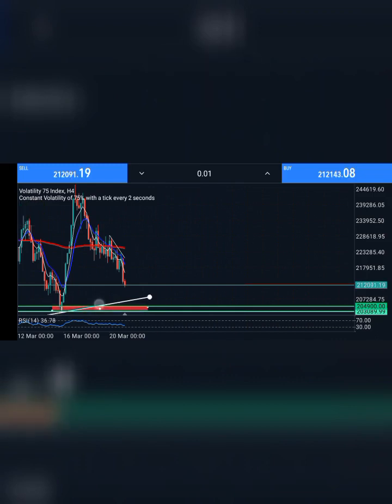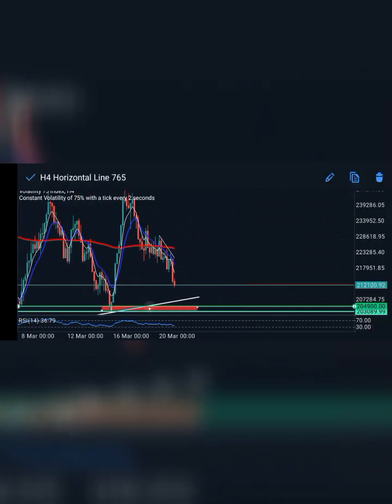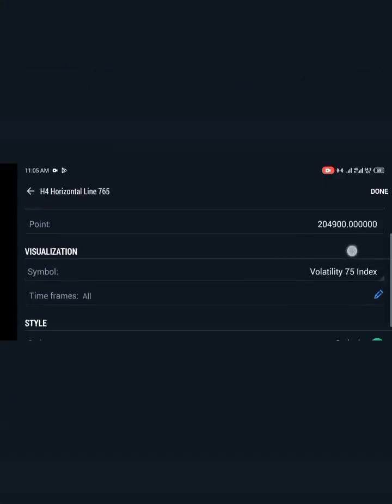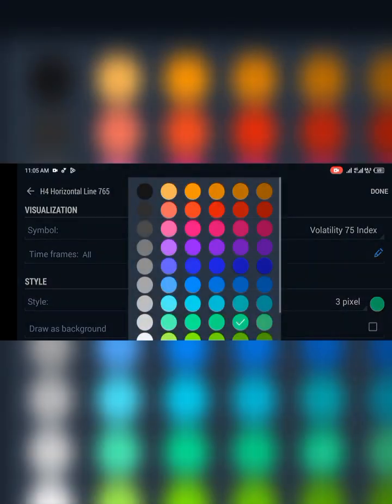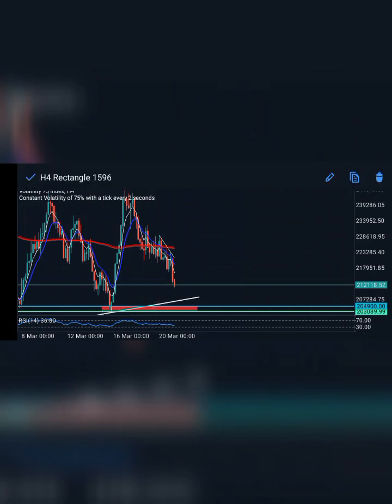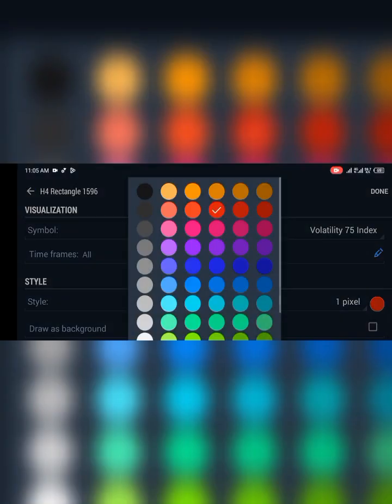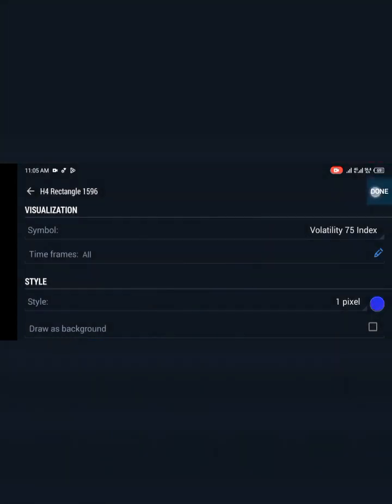That software helps you point it out without stress. That is how I point out this support, and I'm manually sketching it out well, because I need to get all these zones right. So that's what I did. I have to lower my support. Let me put this one in green, because this is supposed to be a buy zone.